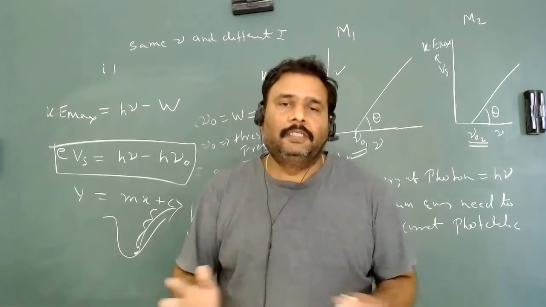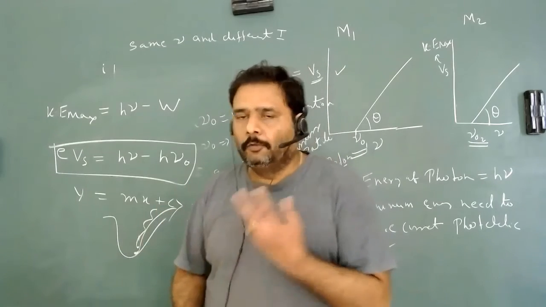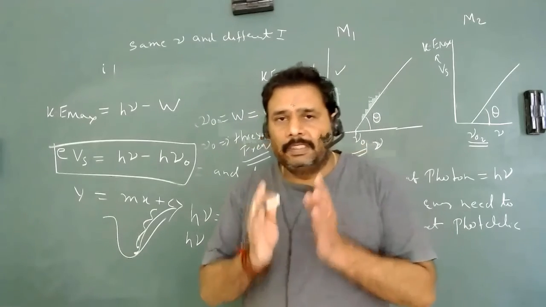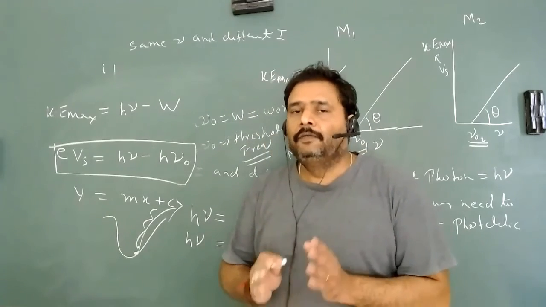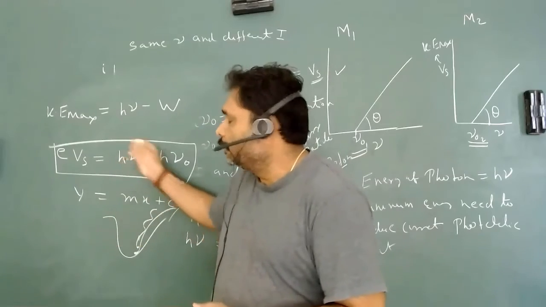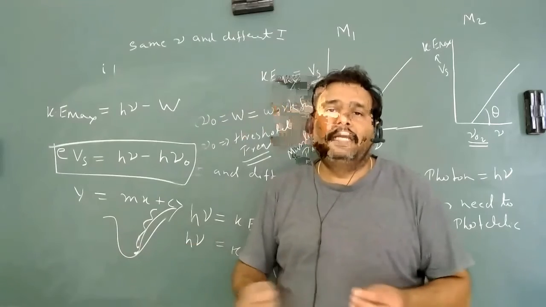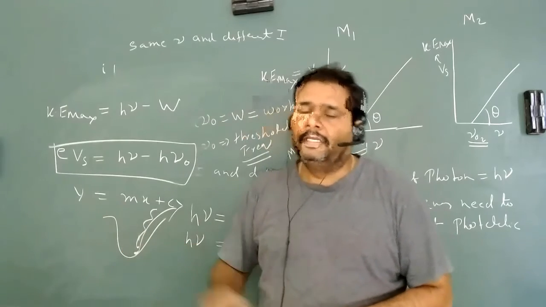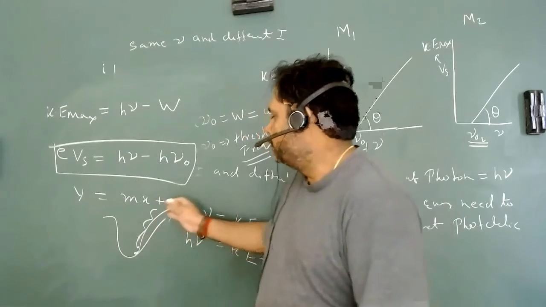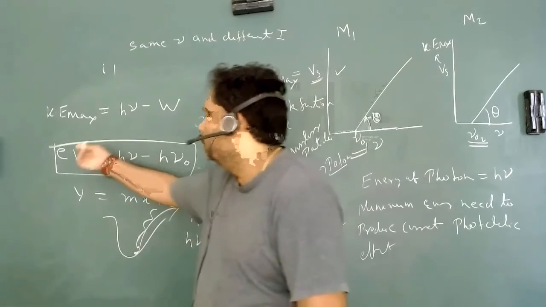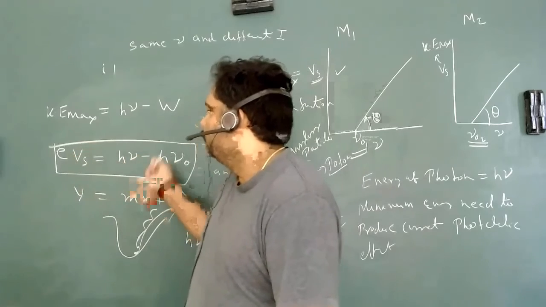But here it is just like a collision. So two things: energy depends on frequency, not on amplitude, and the time lag between collision and response is very small, which is exactly explained by the Einstein equation.